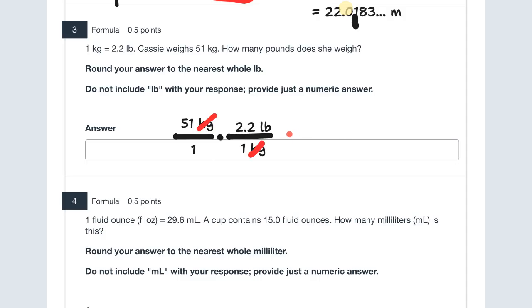So this is going to equal 51 times 2.2. I'll be left with pounds. 51 times 2.2 on my calculator is 112.2.